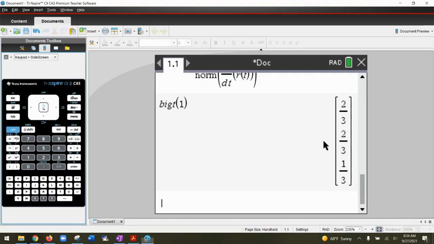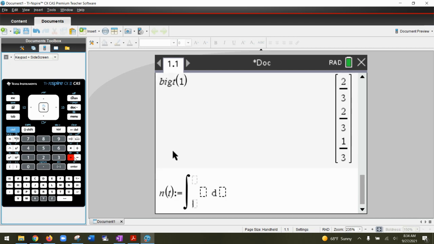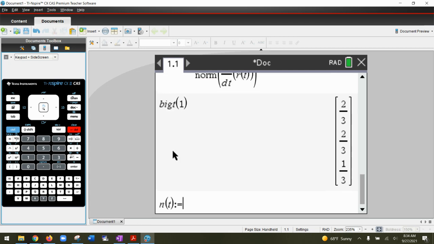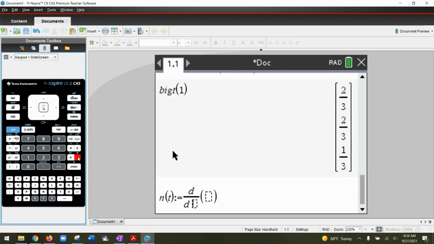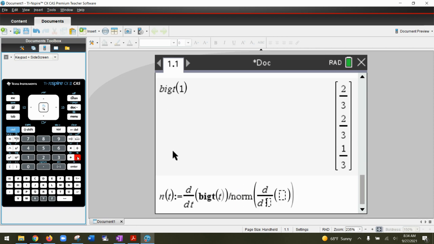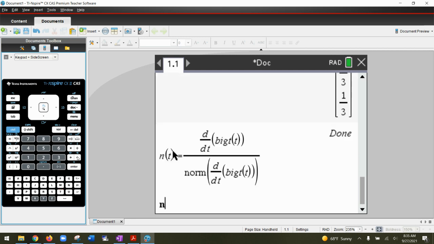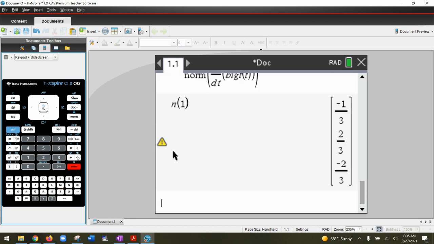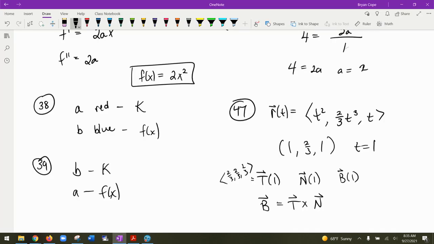Okay, and now big N. So N of t is defined as the derivative of big T of t over the magnitude of the derivative of big T of t. N of 1 is negative 1/3, 2/3, and negative 2/3. Cool.